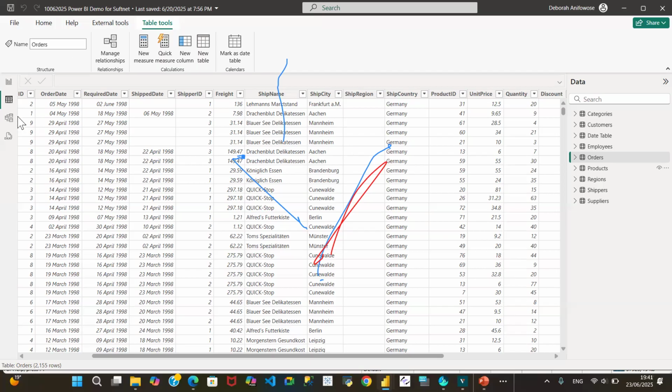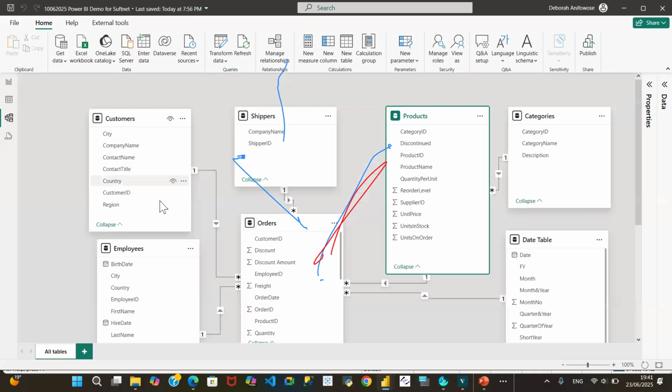Then being able to marry them into a good data model becomes easy.